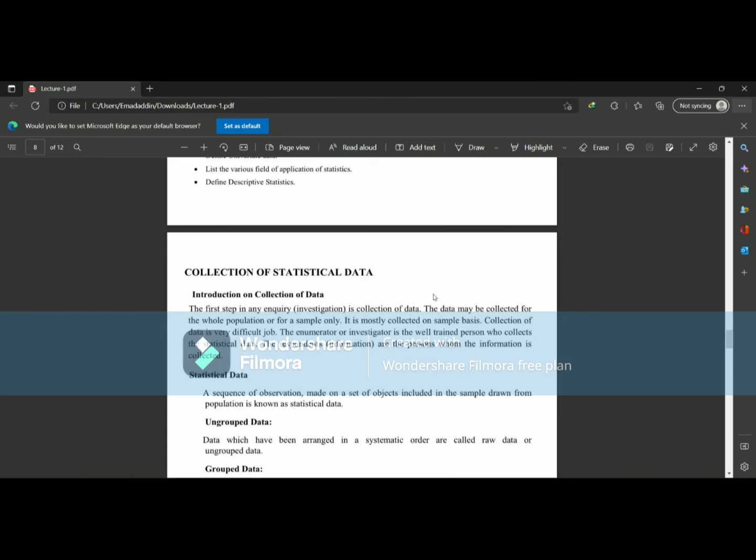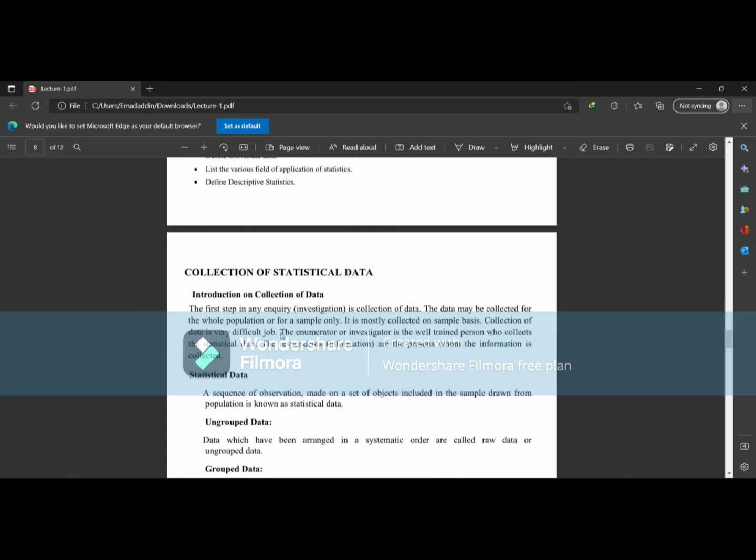The enumerator or investigator is the trained person who collects the statistical data. The respondents are the persons from whom the information is collected.